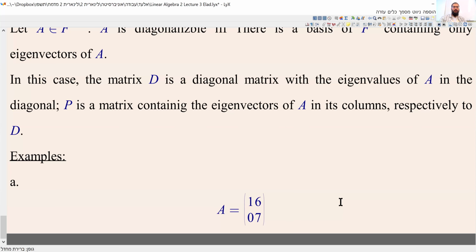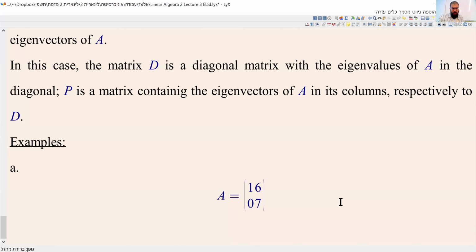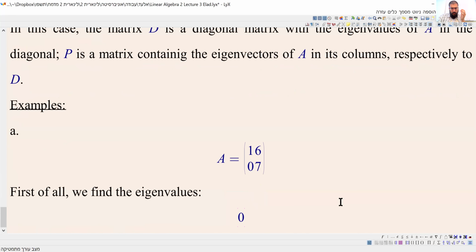What are the eigenvalues of A? First of all, we find the eigenvalues. So the characteristic polynomial of A is 0, and this is the determinant of lambda I minus A or A minus lambda I, whatever.